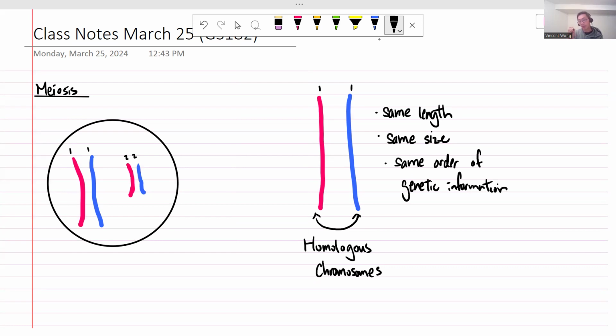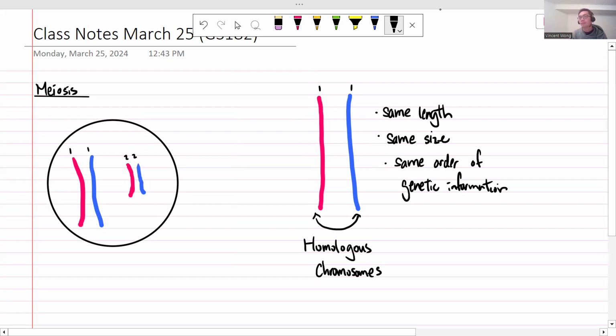But the genetic information might be different, right? The alleles might be different, blue eyes, brown eyes, but the order of genetic information is the same. If it's hair color, eye color, blood type, then it's the same thing. Hair color, eye color, blood type on the other one. You're going to find it at the same location, same locus.